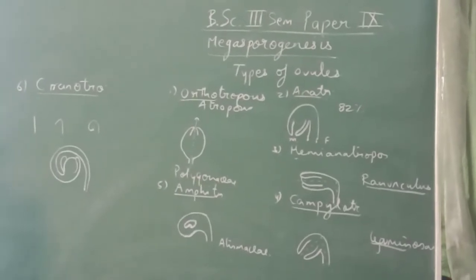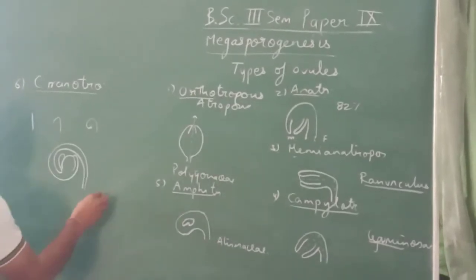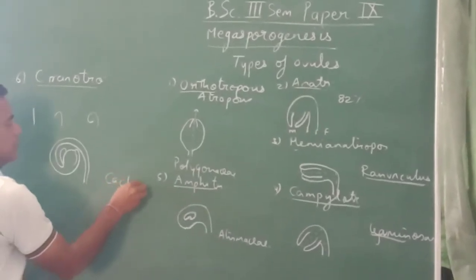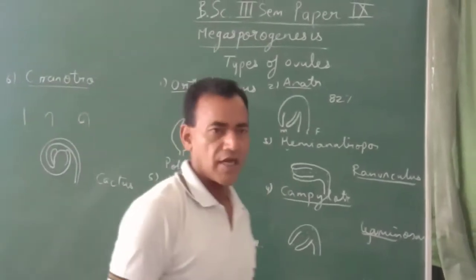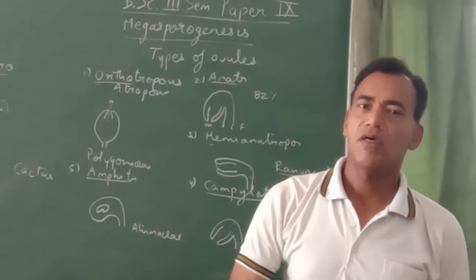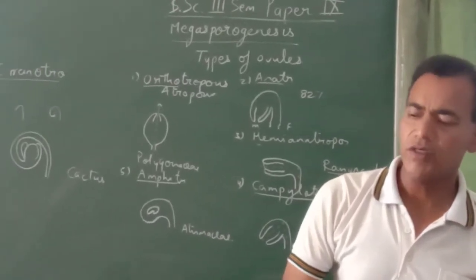It is found in cactus. So these are the 6 types in which ovules are attached on the wall of the ovary.